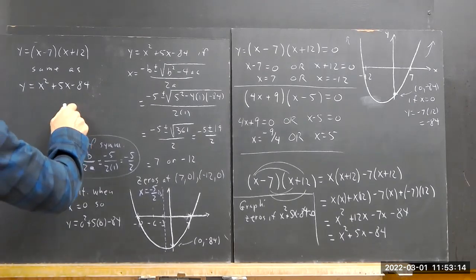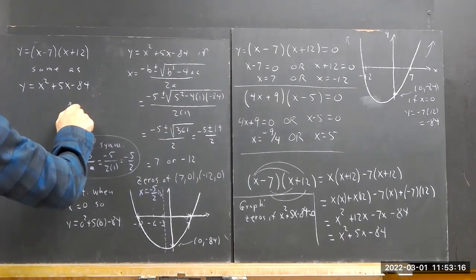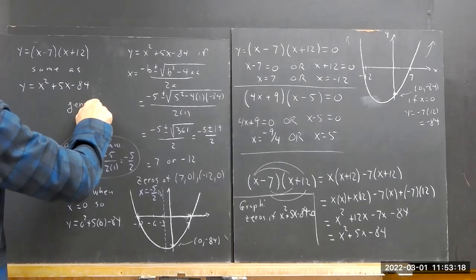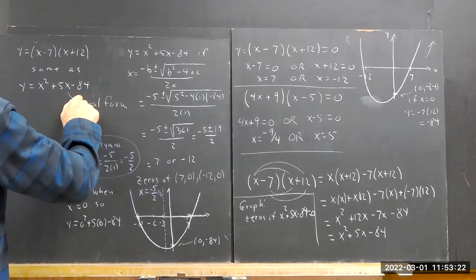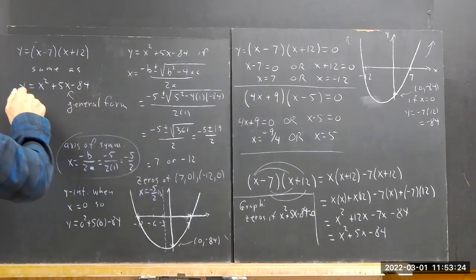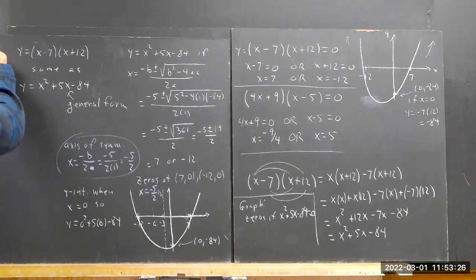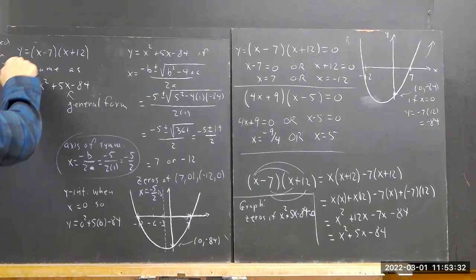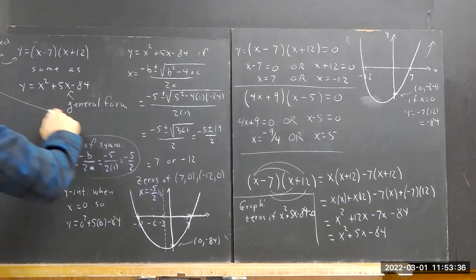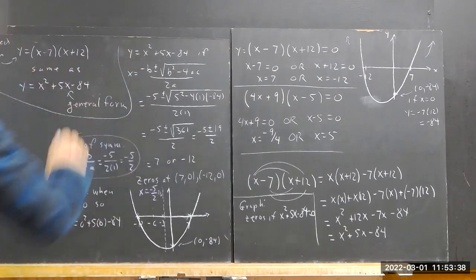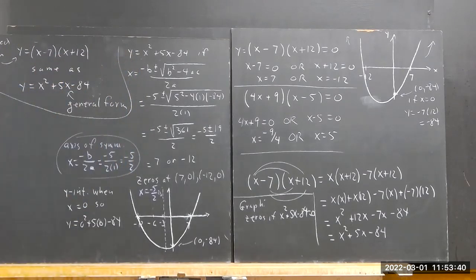So this is general form. And this is factored form. Factored form is much easier to deal with.